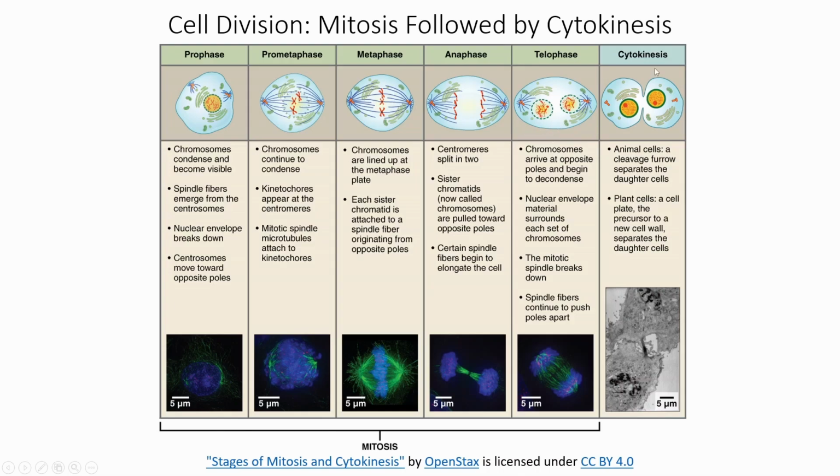And then we get to cytokinesis, and this is going to be where we actually split into 2. So it's important to note, prophase through telophase, we are just dividing up the DNA. We're just dividing up nuclear material, but we have not actually split. And it's important to note that while most of the time cytokinesis and telophase happen together, it's not always required.